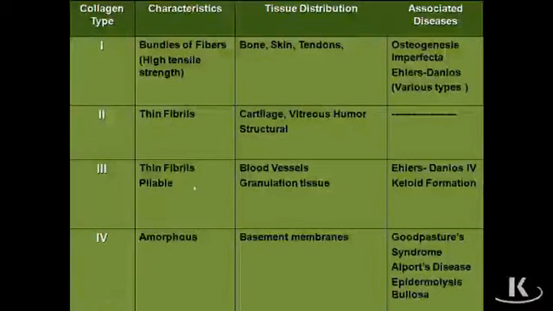Collagen type 3. Ehlers-Danlos type 4, which is a common cause of Ehlers-Danlos syndrome, is caused by a defect in collagen type 3. Now, probably the most important thing for you to remember is that patients that are predisposed towards keloids, so typically African Americans would be these types of patients, keloid formation is actually granulation tissue, which is made up of collagen type 3.